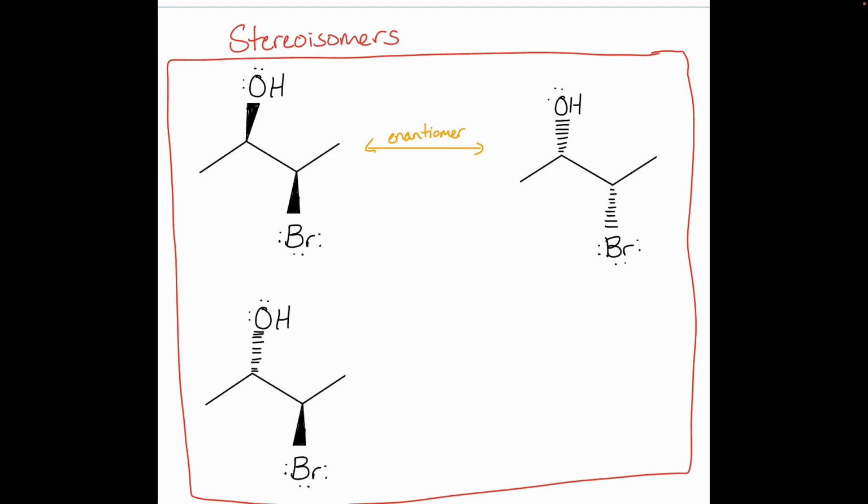But only this pair right here would be enantiomers of one another, because these two are not mirror images of one another. I flipped one of the groups, but not both of them, so these are not mirror images. So we also have a fancy name for these pairs here. These are what are called diastereomers.